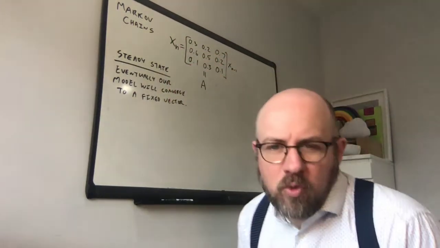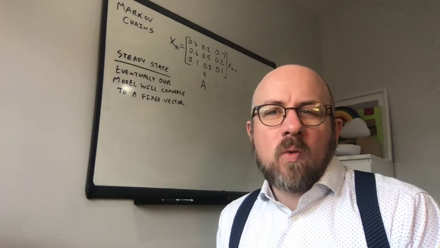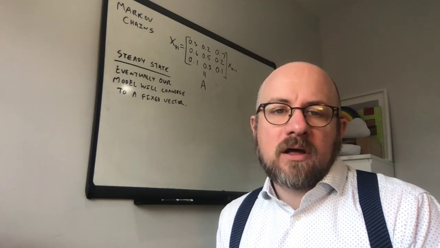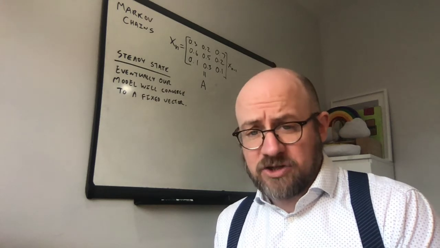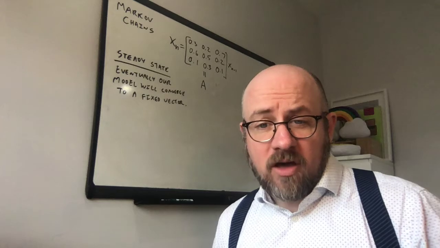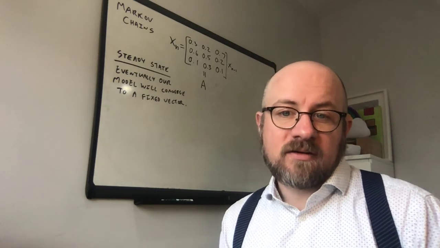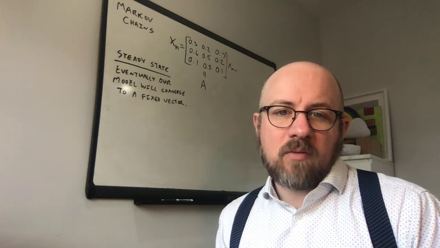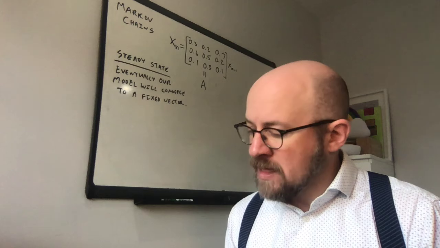And so we'll end up with, possibly depending on our model, possibly depending on the initial state, the same result at the end, regardless of kind of how we go. We're going to converge to something fixed.